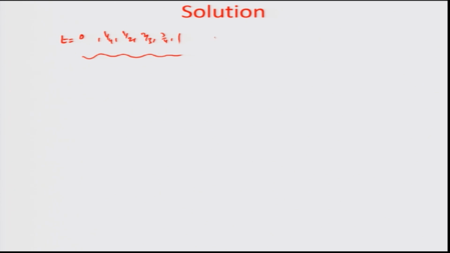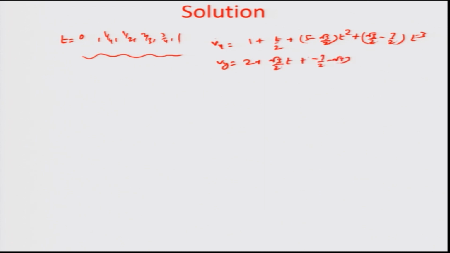So, as you know, V x in this particular case is written down, again I am just going to repeat this equation, t by 2 plus 5 minus root 3 by 2 square of t plus root 3 by 2 minus 7 by 2 t cube, and similarly V y is written down as 2 plus root 3 by 2 t plus minus 7 by 2 minus root 3 square of t plus 5 by 2 plus root 3 by 2 cube of t.